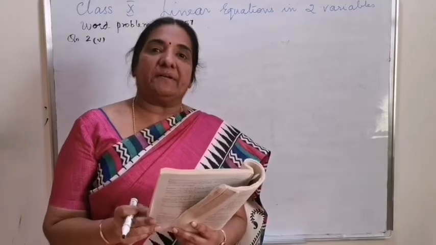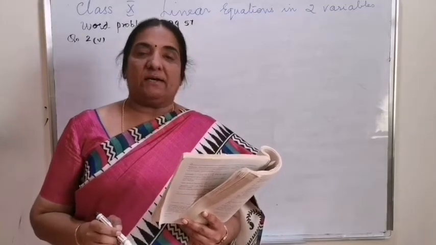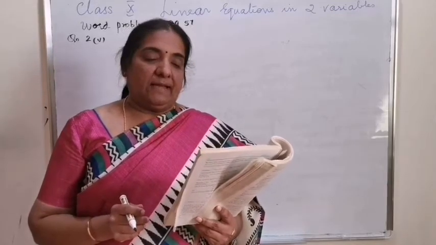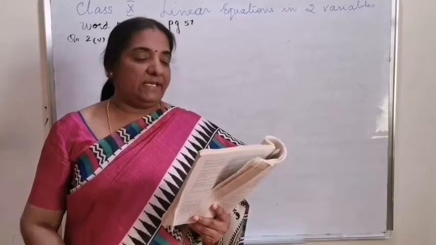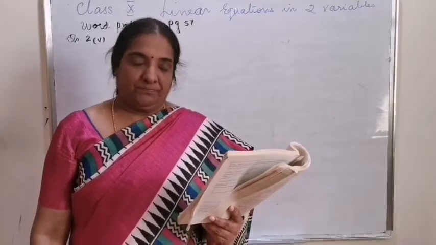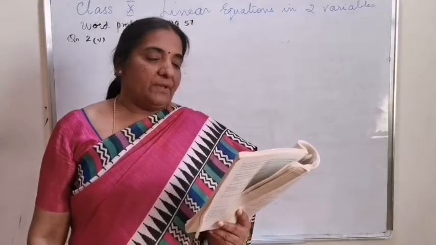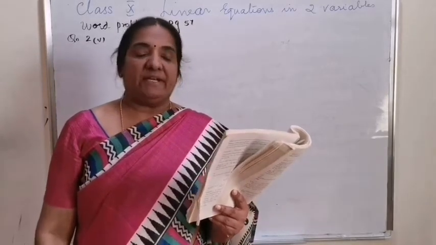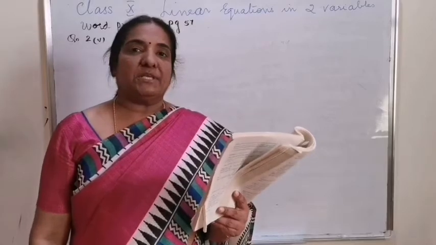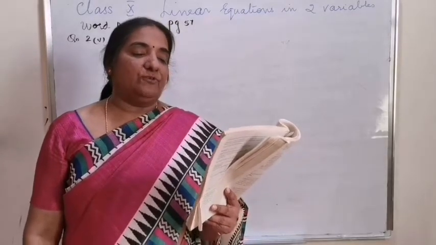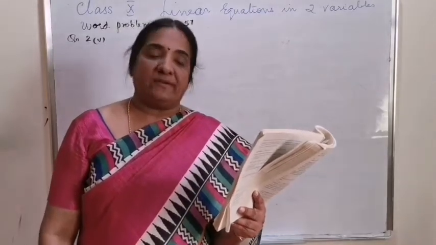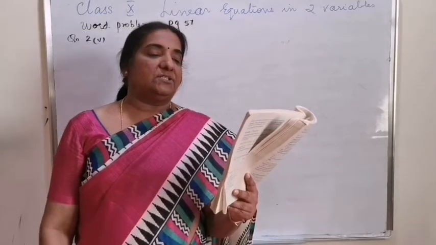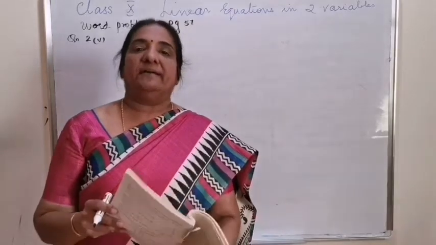A lending library has a fixed charge for the first 3 days and an additional charge for each day thereafter. Sarita paid rupees 27 for a book kept for 7 days, while Susie paid rupees 21 for the book she kept for 5 days.